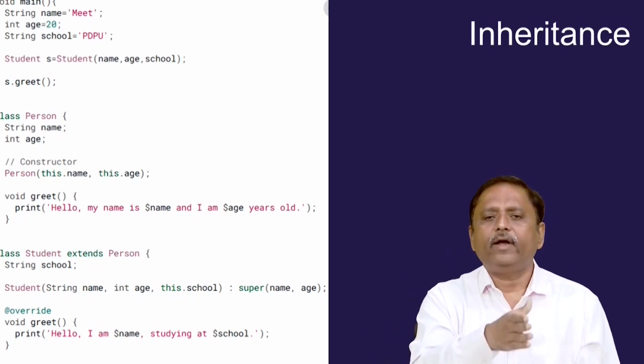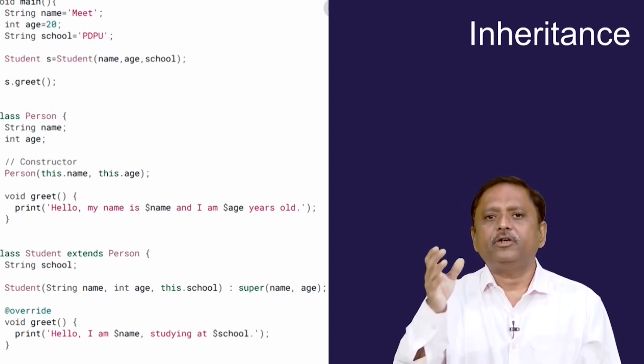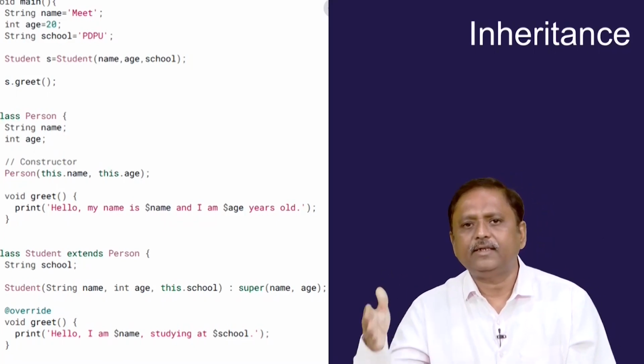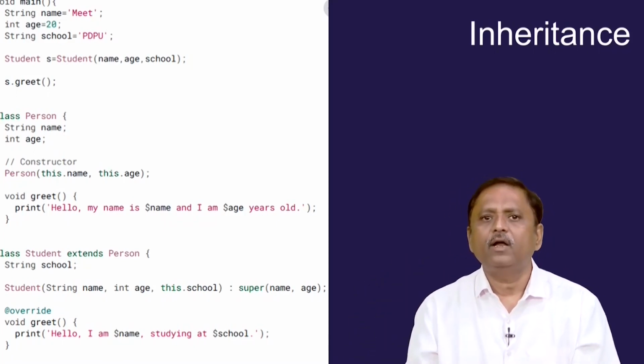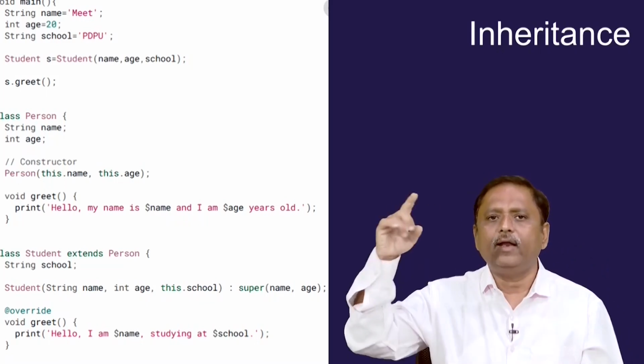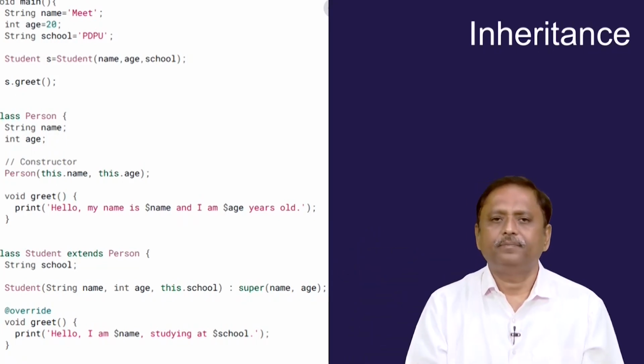So, here we declare class student, then we write down keyword extends which specifies inheritance, and then we write down existing class name which is person. So, we can say class student inherits our class person.